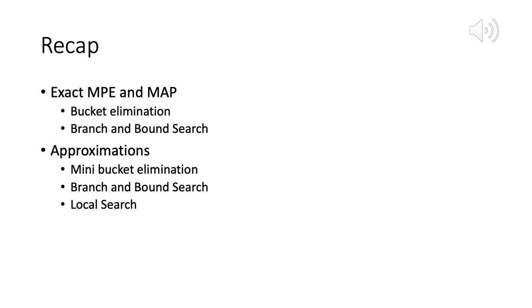We also saw an approach for bounding, and more specifically upper bounding, the MPE and MAP probabilities using an approach called mini bucket elimination. Okay? And then finally, we saw an approach called local search, which is a general approach for solving the MAP and MPE tasks.